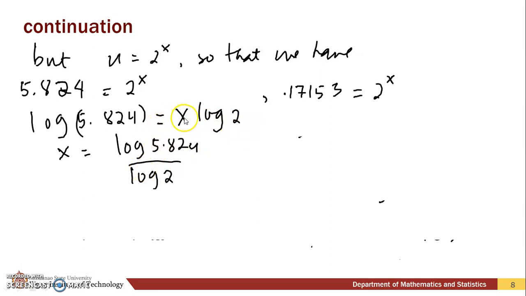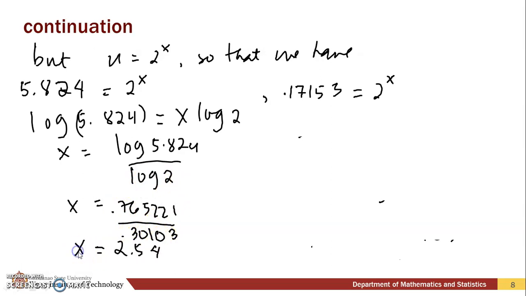Now x is the logarithm of 5.824 over log of 2. Solving for the log of 5.824, we get 0.7652221, and the log of 2 is 0.30103. Meaning to say, when we simplify that, we get x equals 2.54.